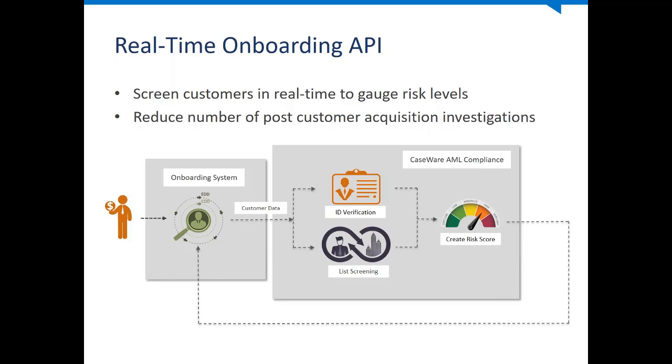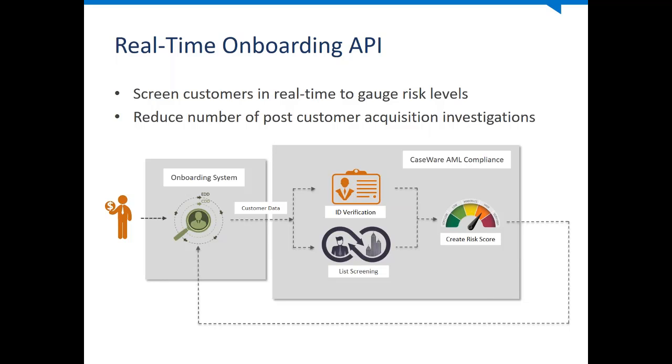Or expected cash activity, how many deposits, how many withdrawals. If it's an entity, then what industry it's in. We take those and do the segmentation for those customers, then match their expected activity or whatever other information they're giving us, and we use that to influence the onboarding risk score.